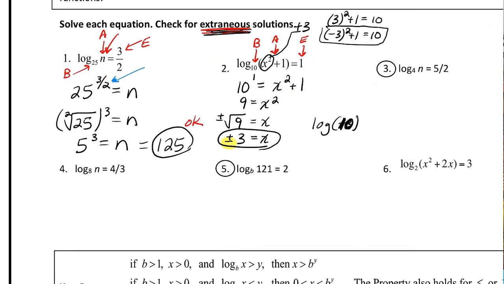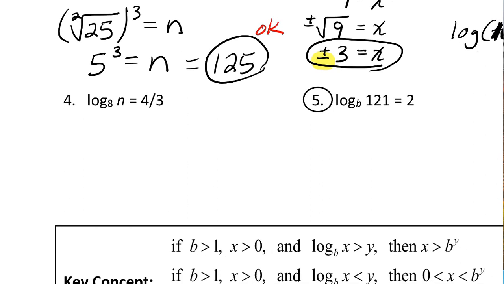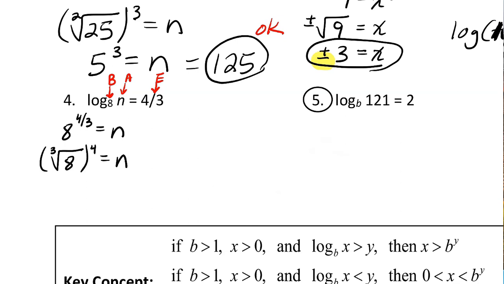Let's look at number 4. We can rewrite this. Here's the base, the answer, and the exponent. So our base is 8, our exponent is 4/3, and the answer we get is n. We can rewrite this as the cube root of 8 raised to the 4th equals n.